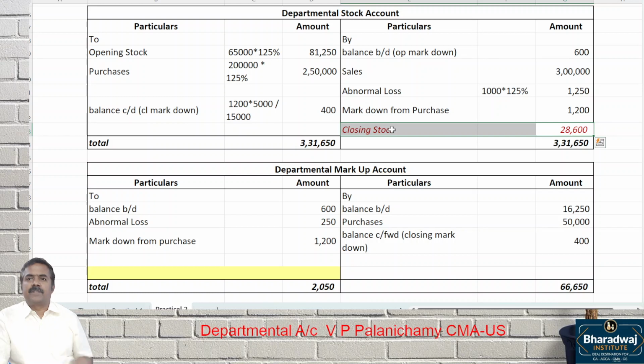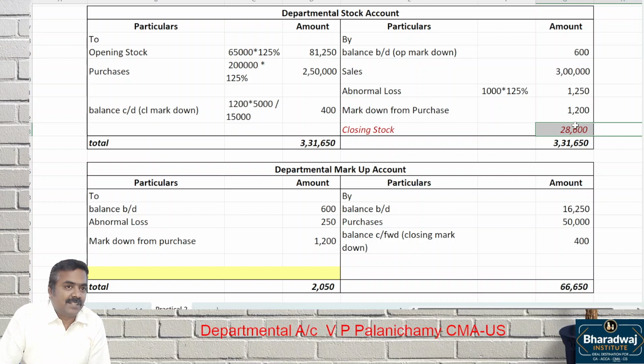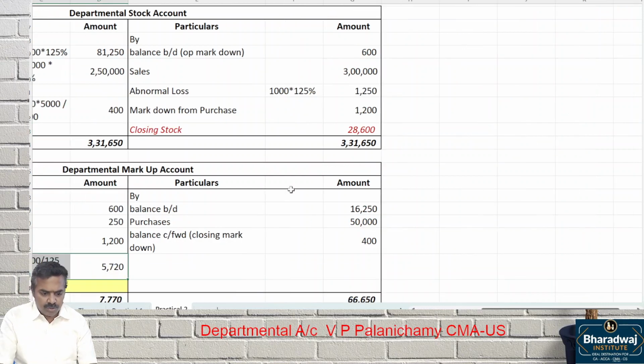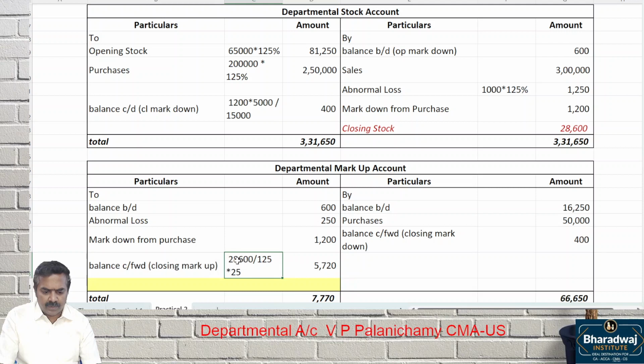On cost 25%, on sales 20 by 120, 25 by 125. 1/4 on cost, 1/5 on sales. 28,600 is it cost price or invoice price? Invoice price. So cost la 1/4 pota, on sales it will be 1/5. Be careful on that. So this will be like 28,600 into 25 by 125. Tally this, you will get the gross profit.